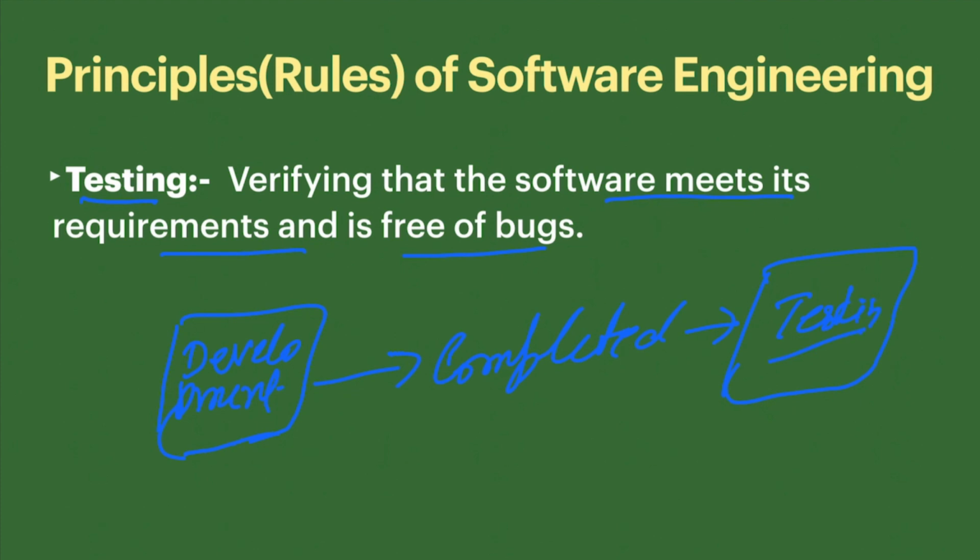So after development, testing is performed. Testing actually verifies that software meets its requirements and is free of bugs. So the testing team will verify that software should be free of bugs and meet the user requirements.